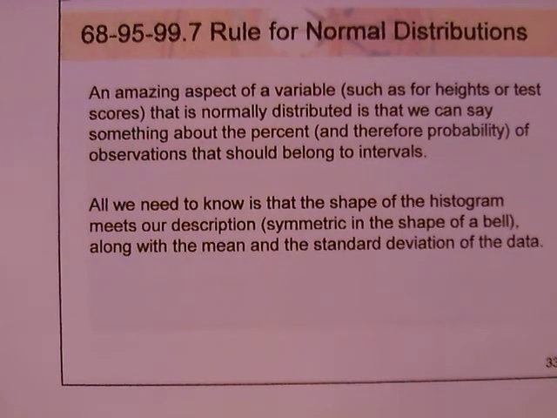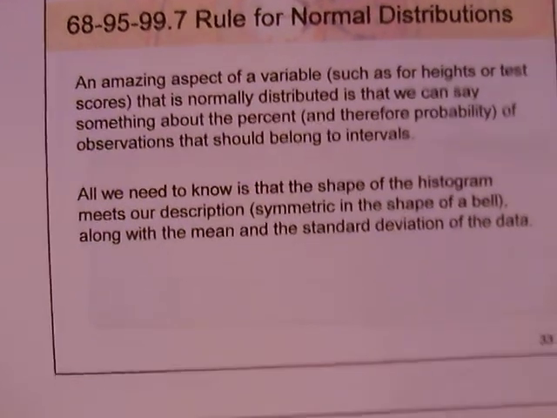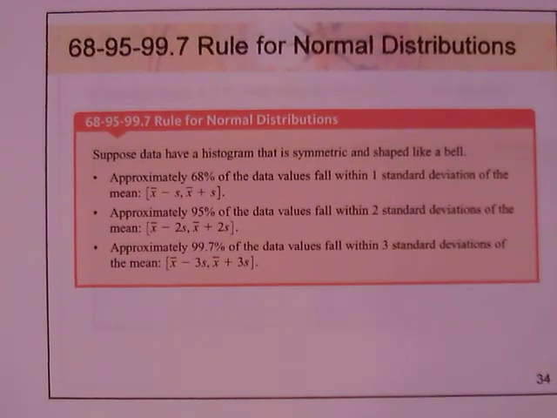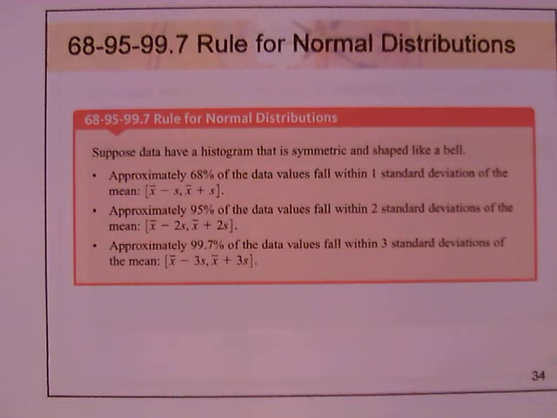So here is that 68, 95, 99.7 rule. We're going to assume or suppose that data have a histogram that is symmetric and shaped like a bell. So the first bullet is this: approximately 68% of all data values fall within one standard deviation of the mean. That is on the interval x bar minus s to x bar plus s.